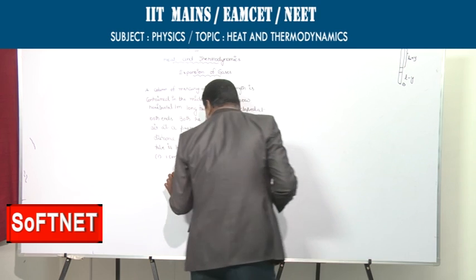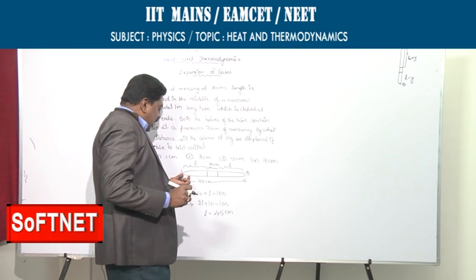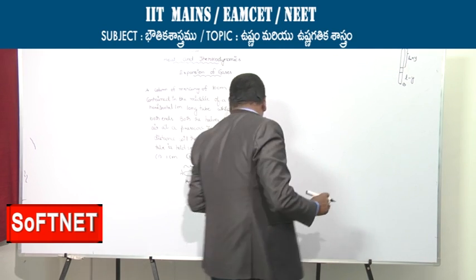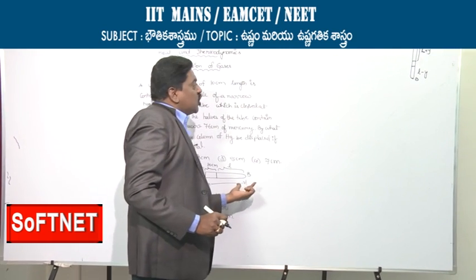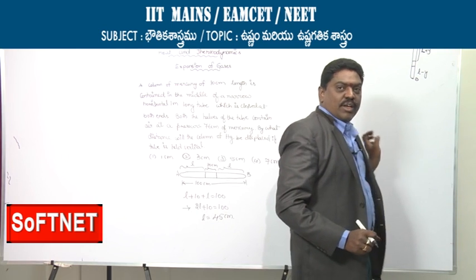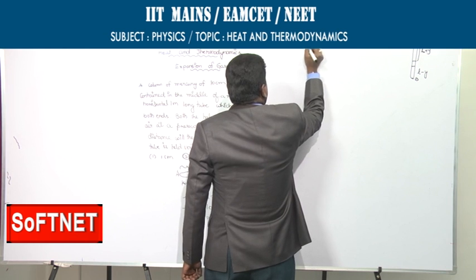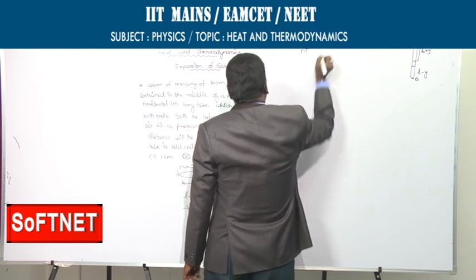Now let us compare the horizontal position of A with the vertical position of A, and the horizontal position of B with the vertical position of B. The ideal gas equation says that PV by nT is equal to constant.